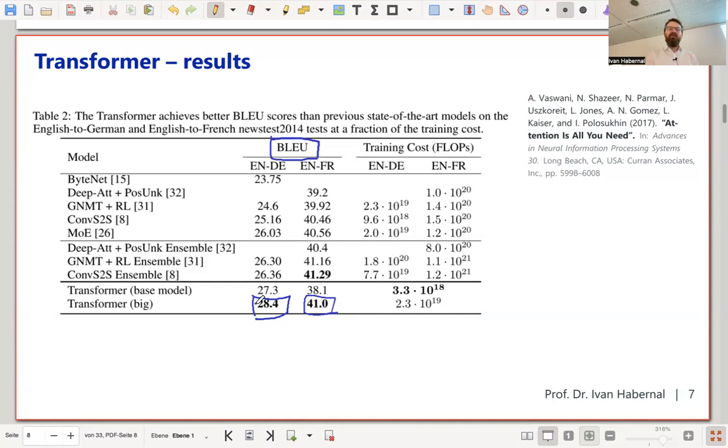And what they did with this transformer model was just beat everything. Maybe here the result is sort of similar, but a BLEU score increase of 1 or 2 is a great step, really substantial. And they did this with this paper.